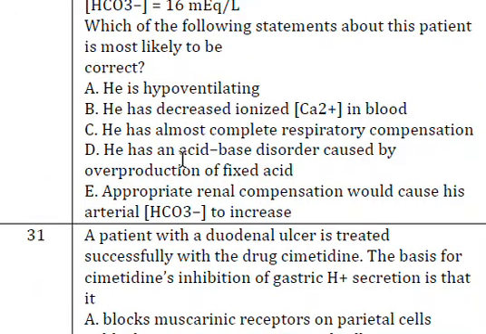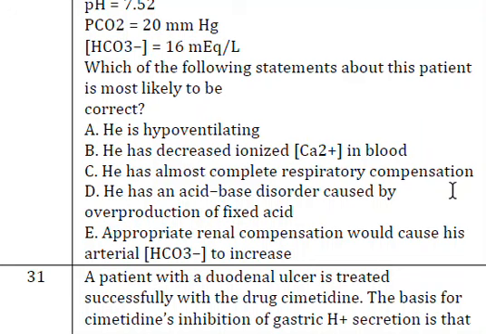C. He has almost complete respiratory compensation. D. He has an acid-base disorder caused by overproduction of fixed acid. E. Appropriate renal compensation would cause his arterial HCO3- to increase. And the answer is B. He has decreased ionized Ca2+ in blood.